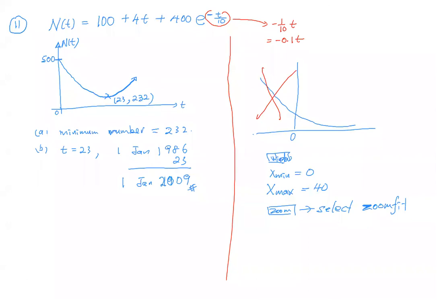So now I need you to do it algebraically for this question. What you need to do is differentiate. So the process is the same. Can you please differentiate this, equate equal to 0?